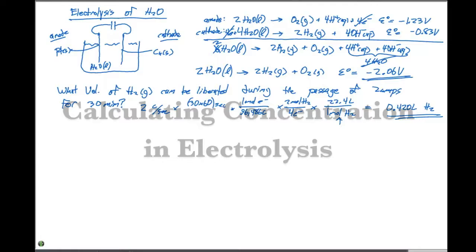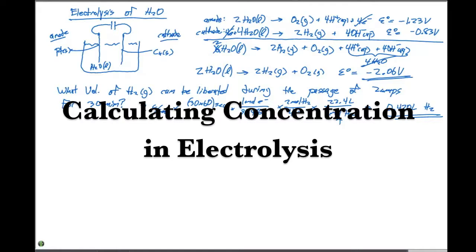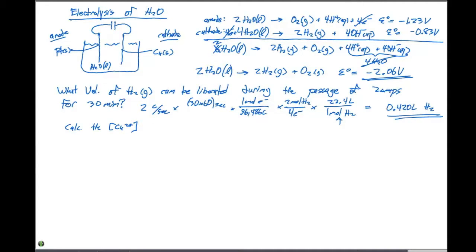This one's going to ask us to calculate the copper 2+ concentration remaining in 335 milliliters of a solution that was originally 0.215 molar copper sulfate.